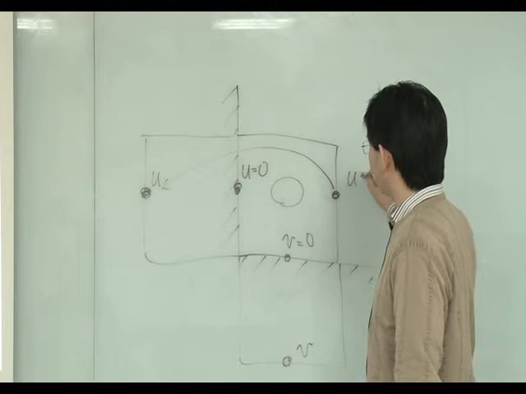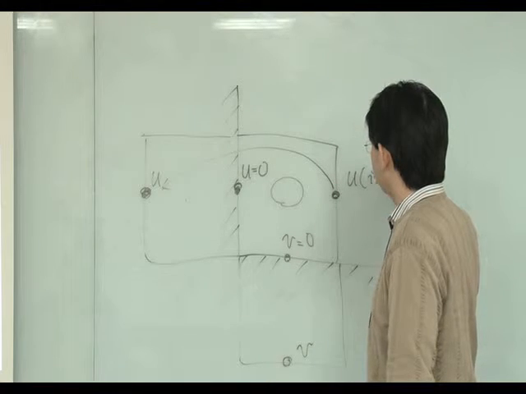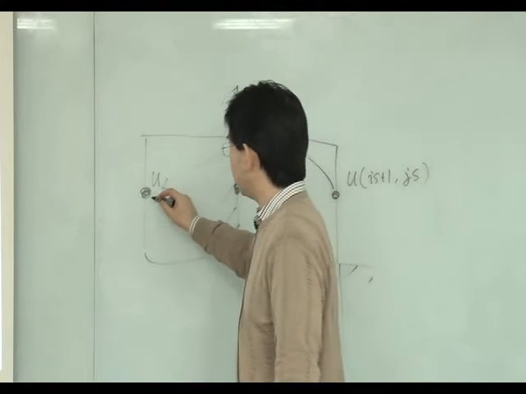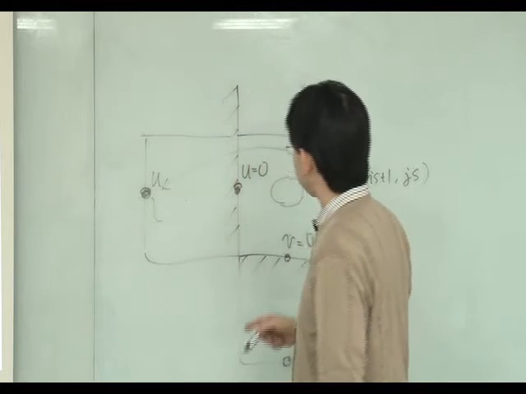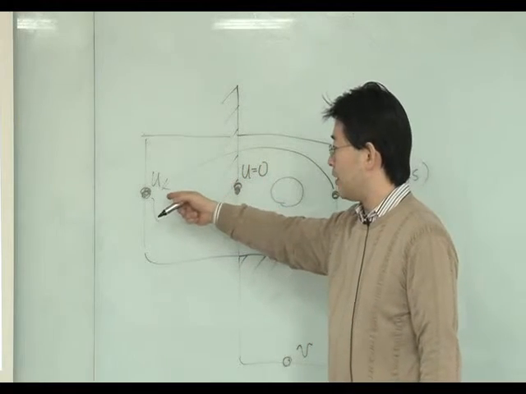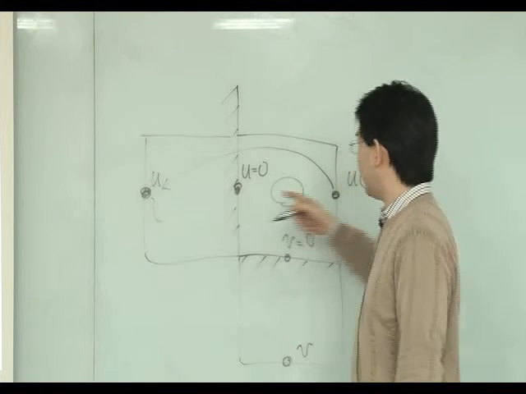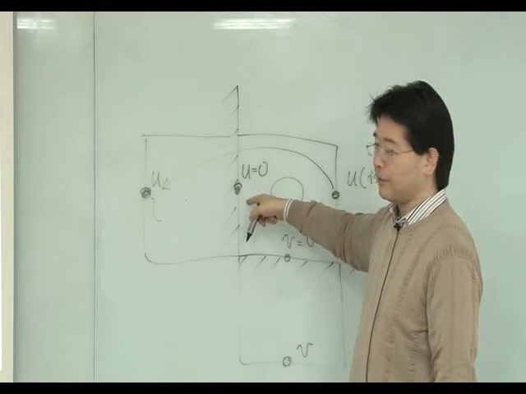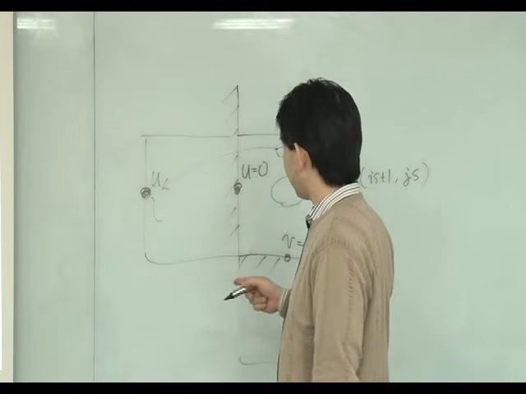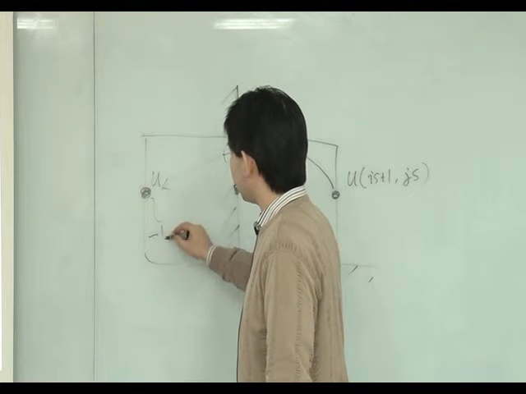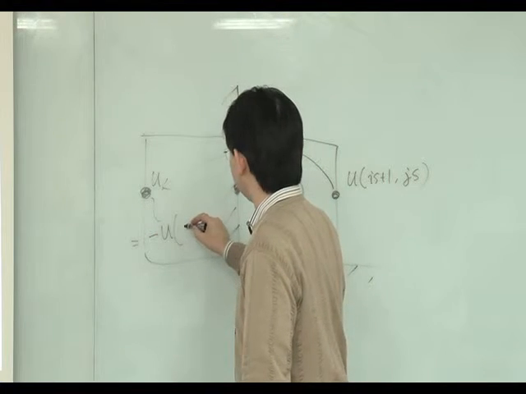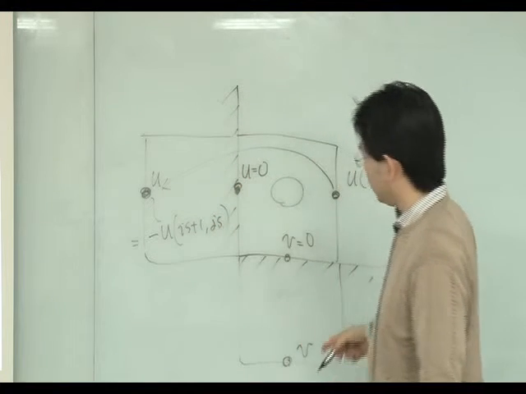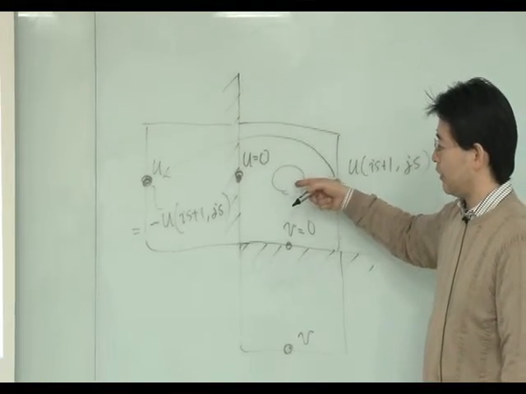So this one is U(IS+1, JS), and as I said, the average of this one and this one has to be 0. So in this case, it is equal to minus U(IS+1, JS). So V is also like this.